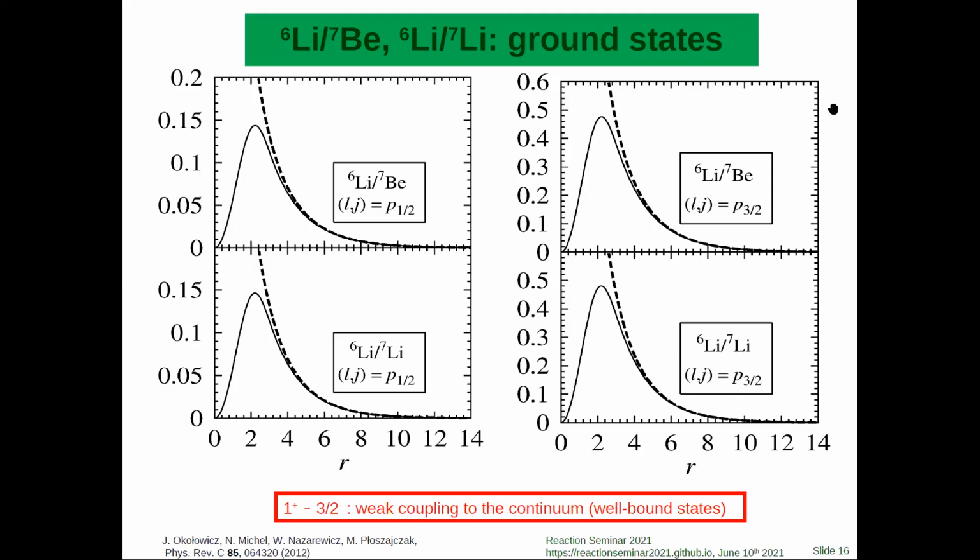Yes. So here, these are overlap functions calculated with the Gamow Shell model by fitting a Hamiltonian for the A equals 6, 7 nuclei, beryllium 7, lithium 7, and lithium 6. And from these overlap functions, we calculate the ANC by fitting the overlap function with the Hankel or Coulomb function times ANC.